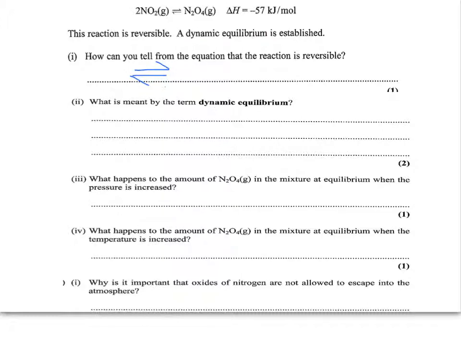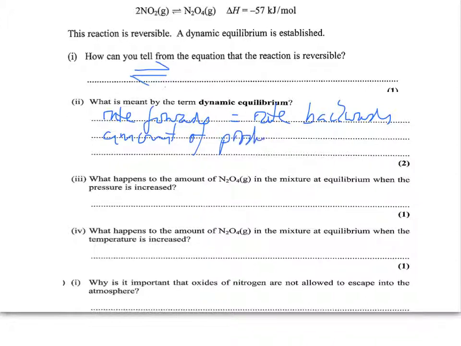So you should know the definition of dynamic equilibrium, and there are three things you should really mention: that the rate of the forwards reaction is the same as the rate of the backwards reaction. And this means that the amount of product and reactant does not change.